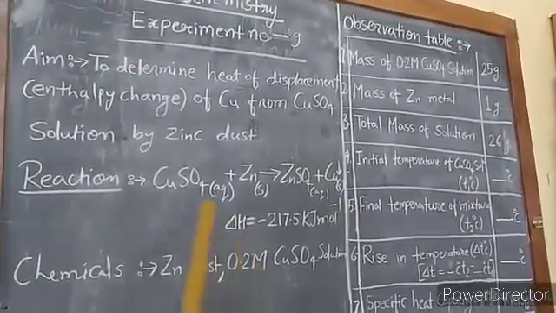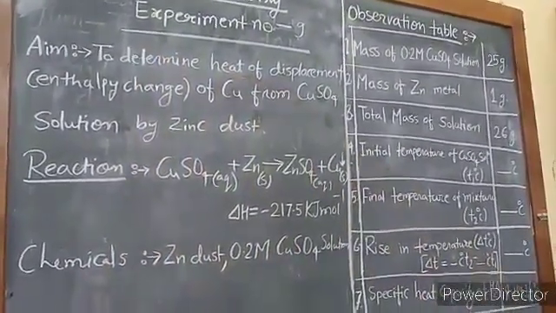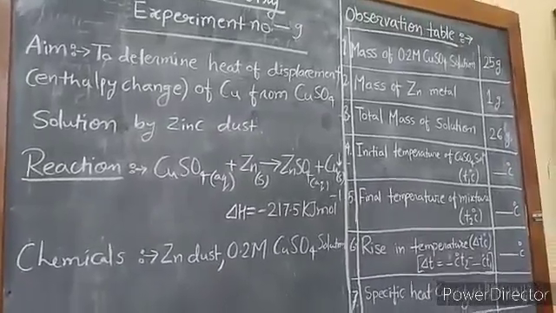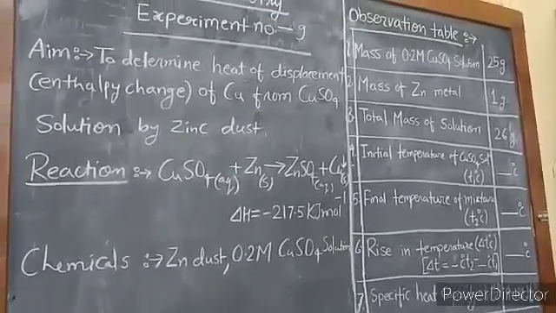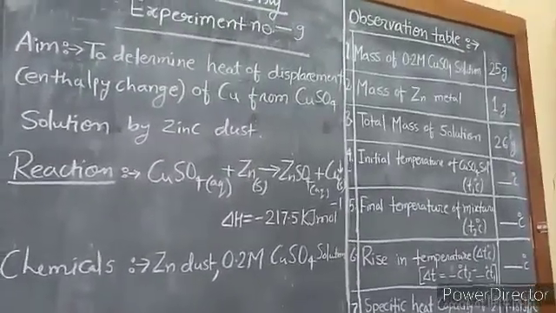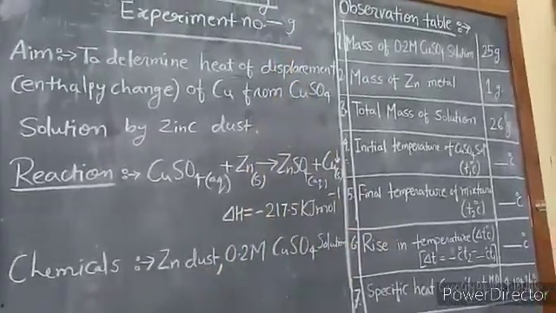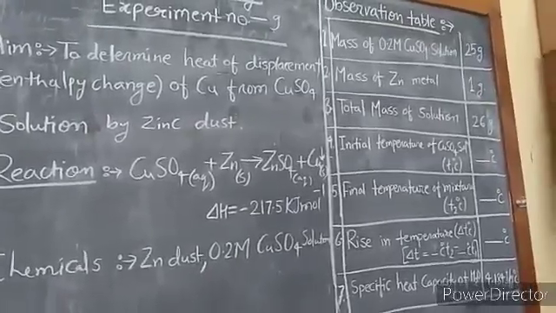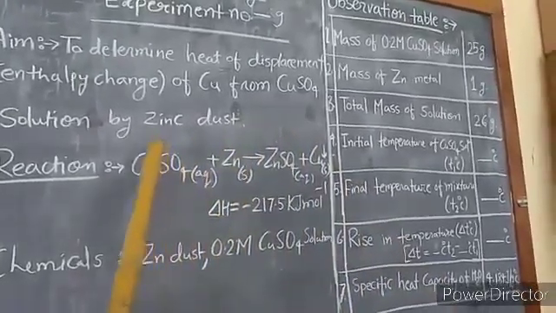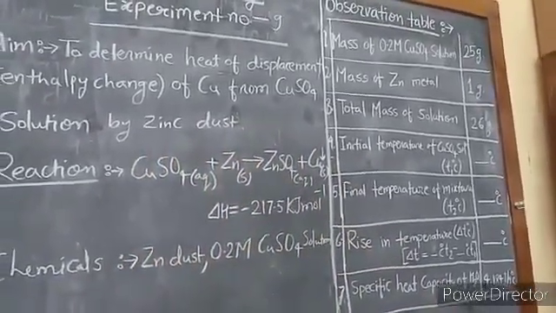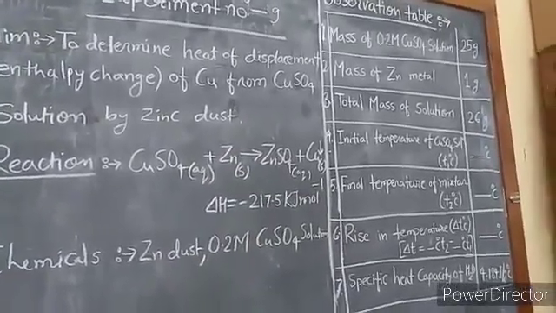Now, what is the enthalpy of displacement? The heat change, or the heat evolved, during the displacement of 1 mole of copper from its salt solution by zinc is known as enthalpy of displacement.